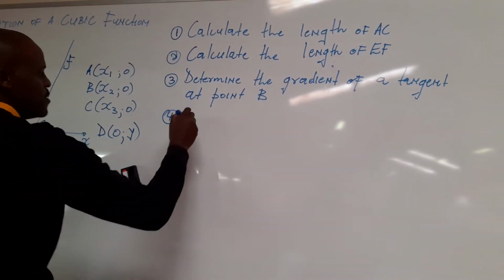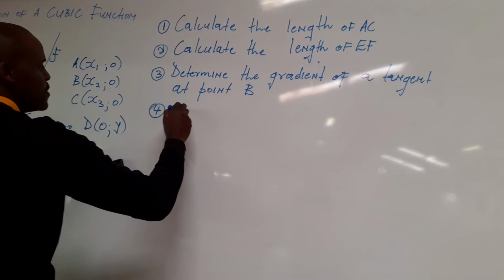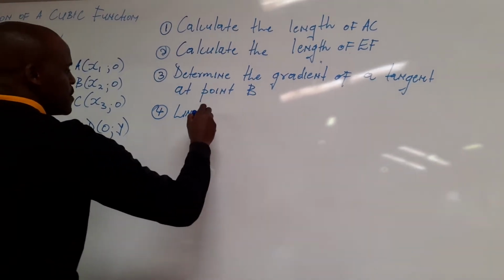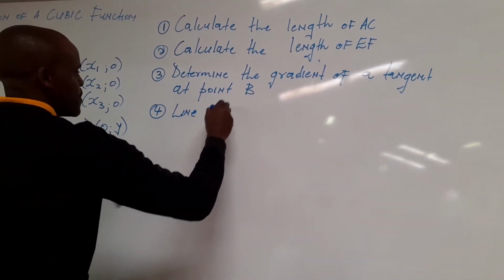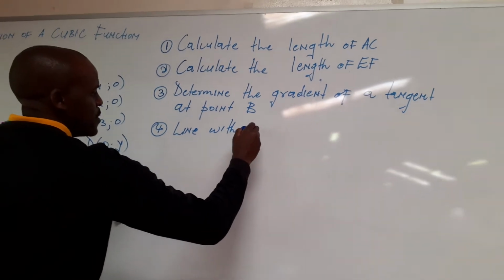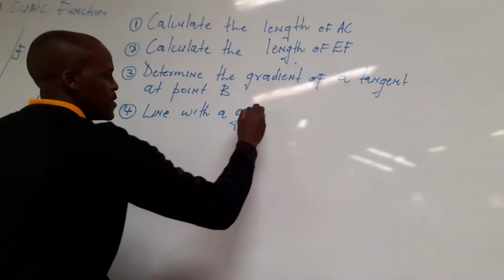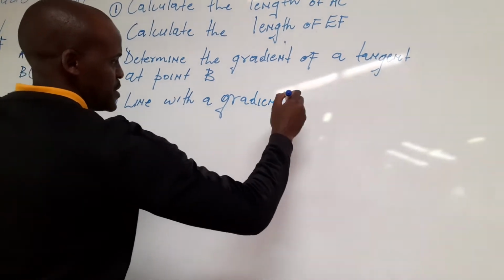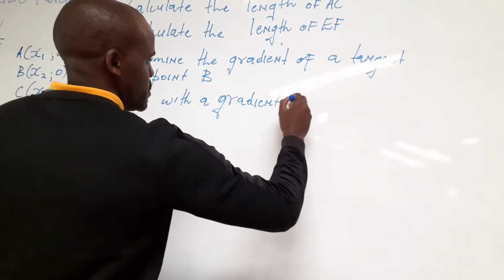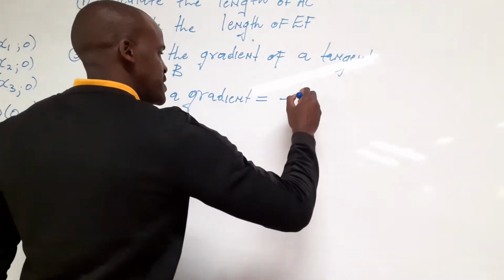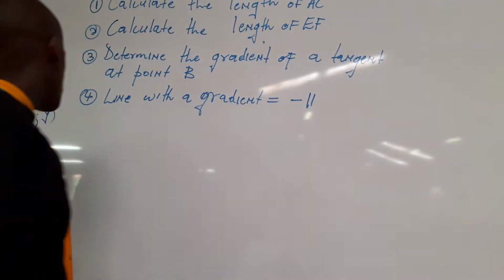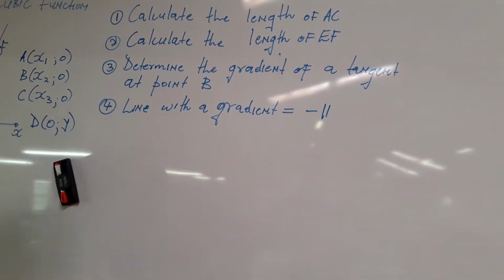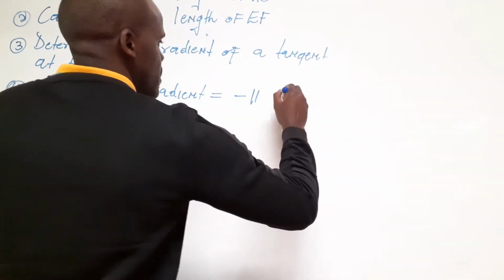A line with a gradient equal to -11 is a tangent to the curve of f.